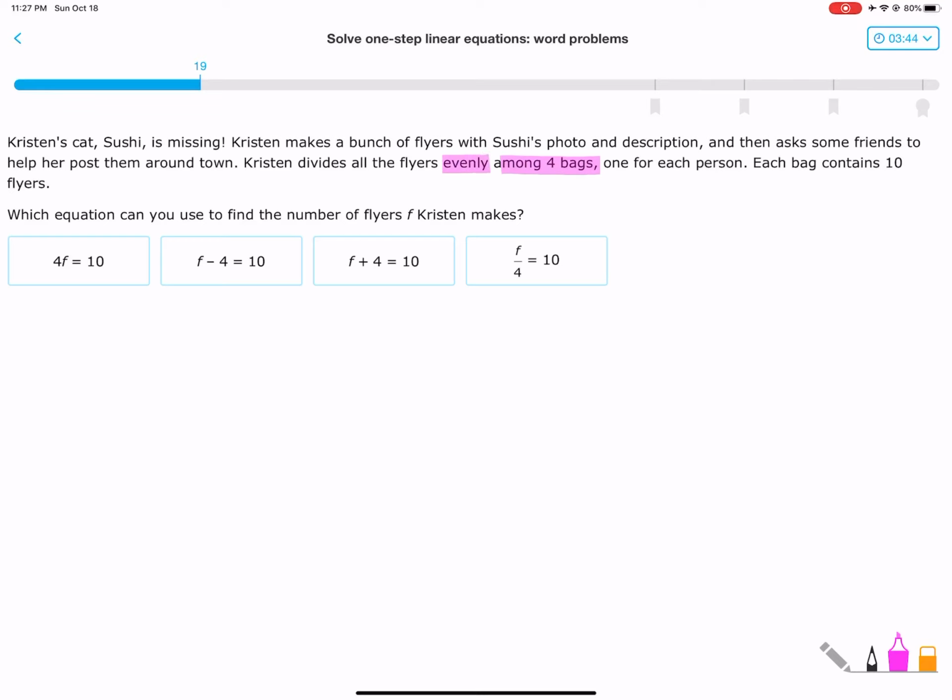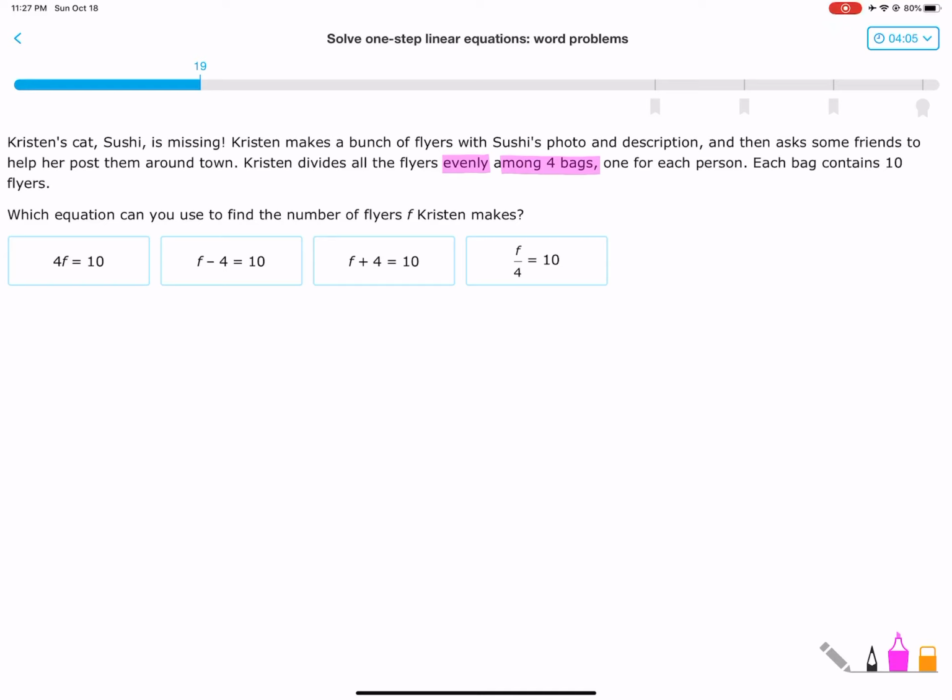Okay, and evenly is a key word, one for each person. Each bag contains 10 flyers. So she's dividing them evenly among 4 bags, and each bag contains 10 flyers.